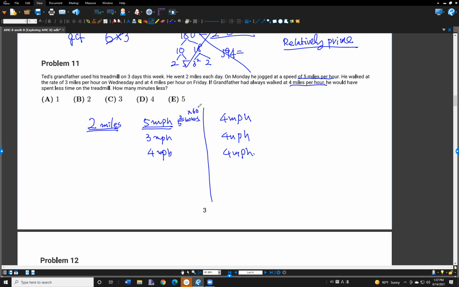Times 60 is how much? 24 minutes. The second one is what? 2 over 3 hours times 60 equals what? 40 minutes. The third one is 2 over 4 hours times 60, that is 30 minutes. Total is what? 94 minutes there.